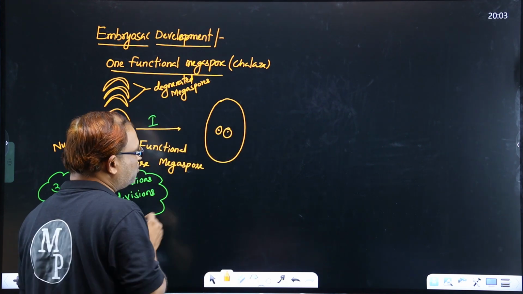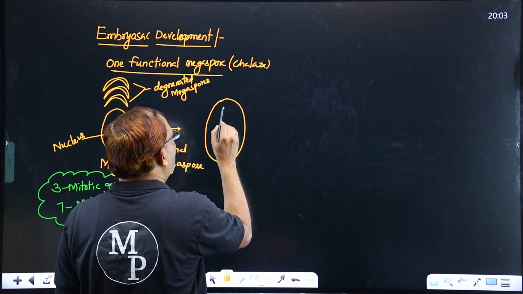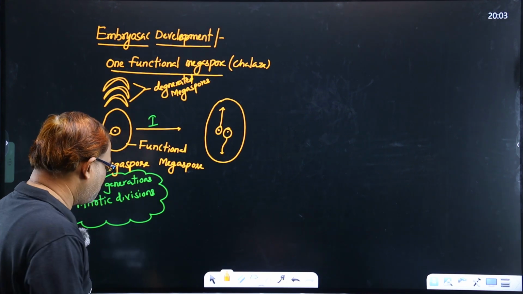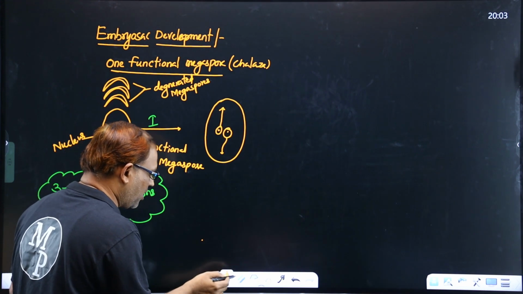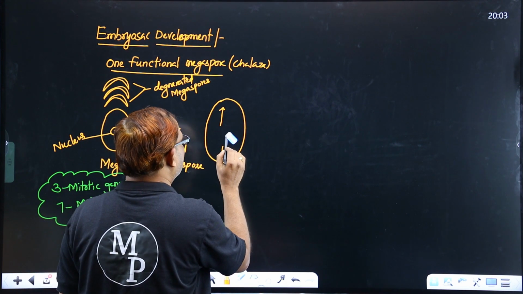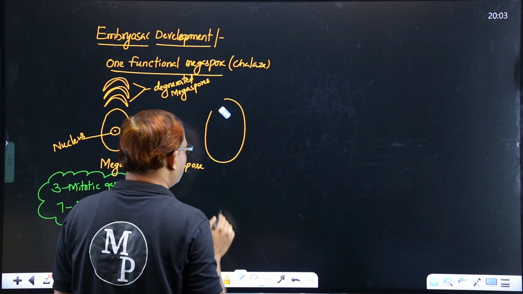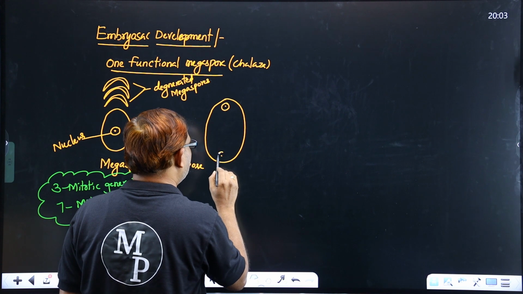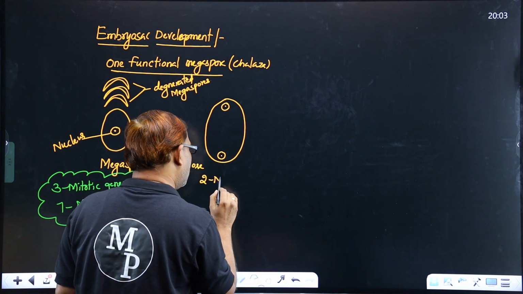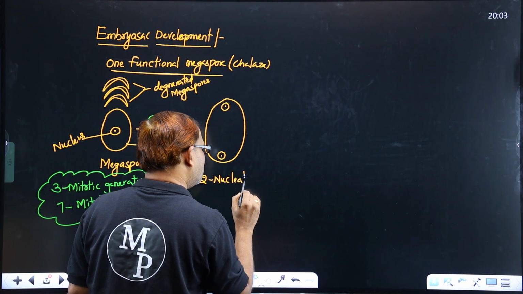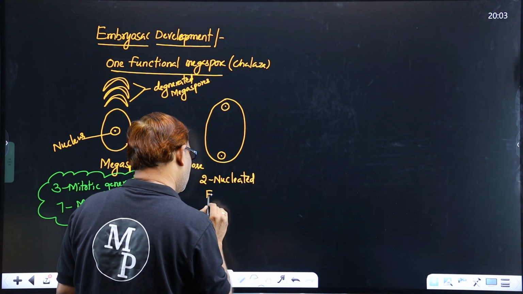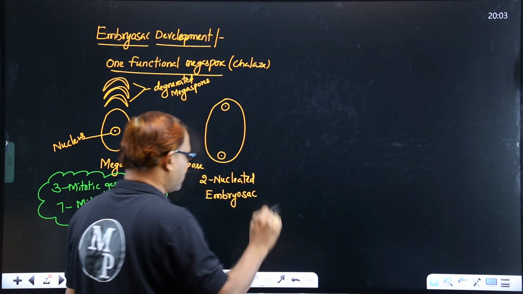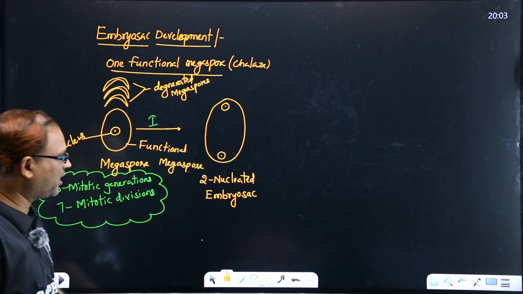These 2 nuclei move to opposite poles. Now that looks like a 2 nucleated embryo sac, with one nucleus here and one nucleus here. Important.